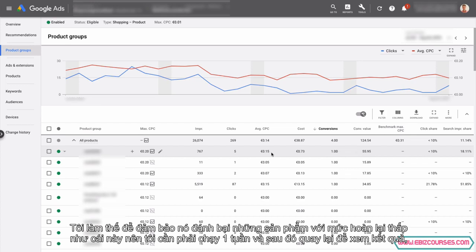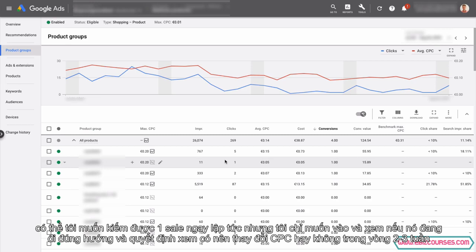So for that, I need to let it run for, let's say, a week or something, and I will come back and see how this is performing. Probably I won't make another sale from this immediately, but I just want to pop in and see if it's evolving in the right direction, and then probably make a decision on whether to change this CPC again in about like 2-3 weeks time. Depends a bit how fast the data come in.